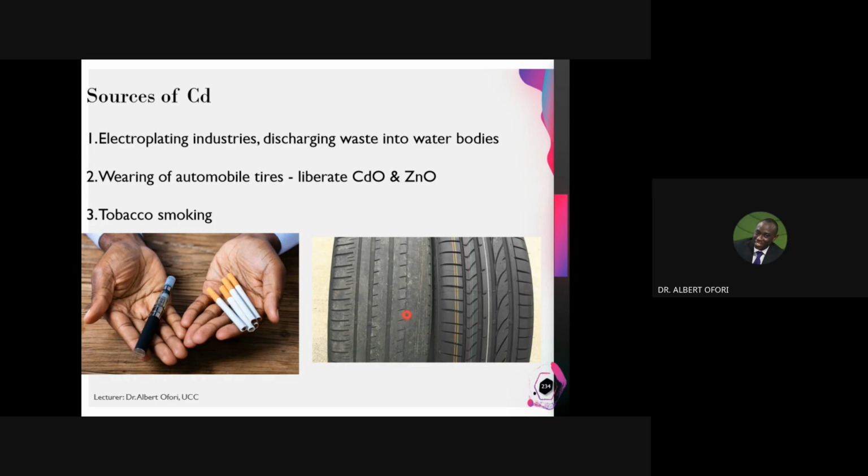Because if not, we all die. Gradually, those communities which have really been impacted can just see the impact on their life. And it's just getting to the cities as well, because the foods that they bring for us to buy and eat are all contaminated with these heavy metals.